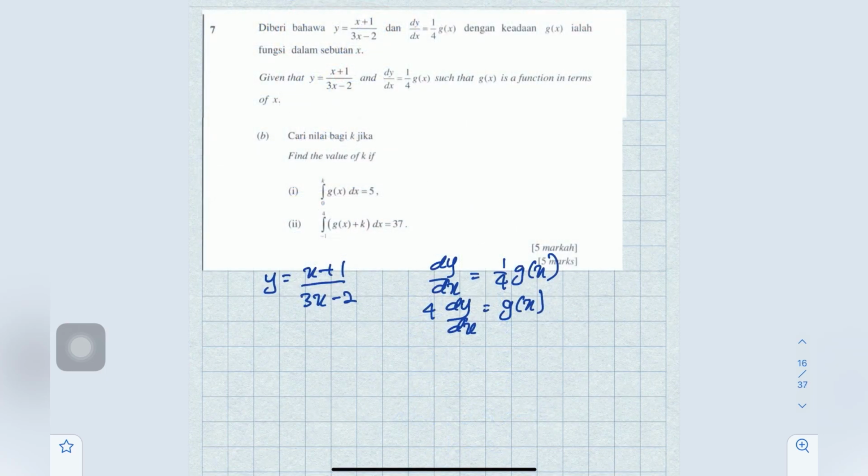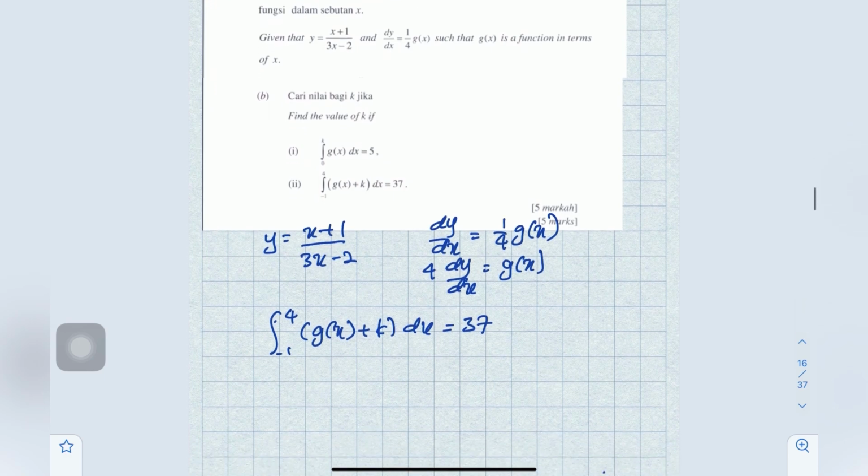7b(2), still find the value of k if this one, integrate from negative 1 to 4 of (g(x) plus k) dx equals 37. Sama jugalah nak cari k. So first of all kita kena separatekan dia dulu.